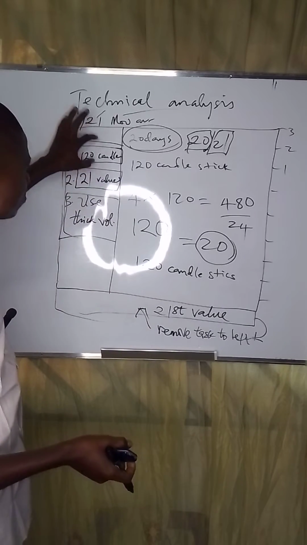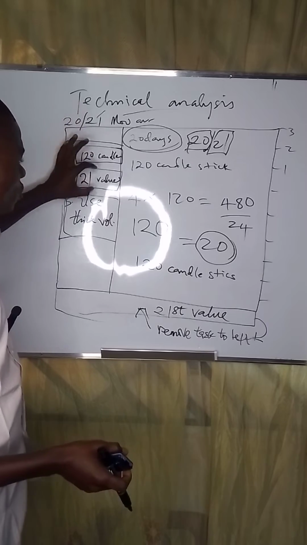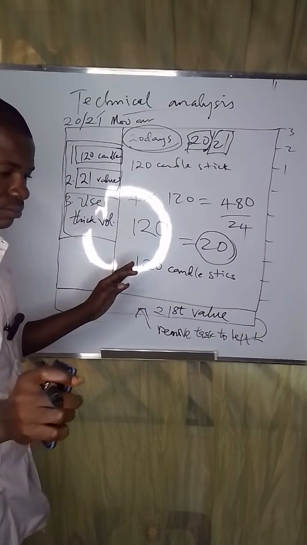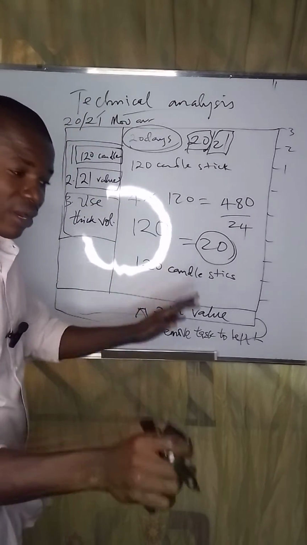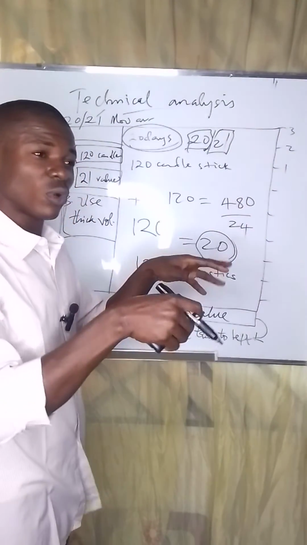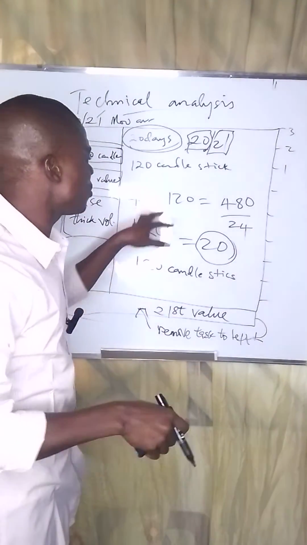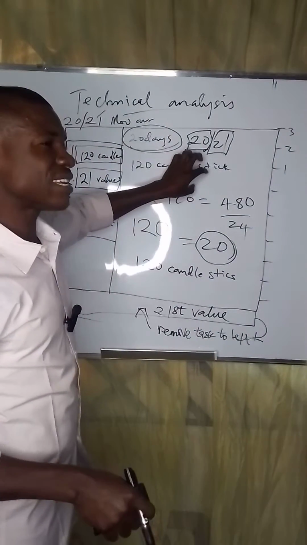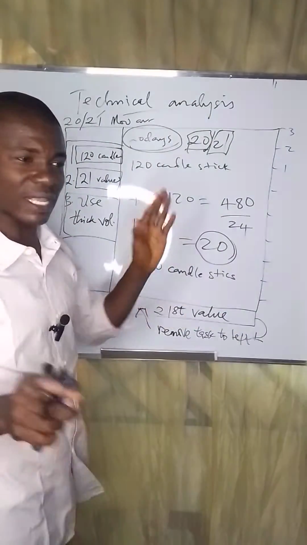Once you are able to follow these 3 steps, 1, 2, 3, to set your screen, you are sharp. You are ready to be in our class, because this is what we use to do every one of our analyses. Once you can set your screen like this, you see exactly the same values I see.